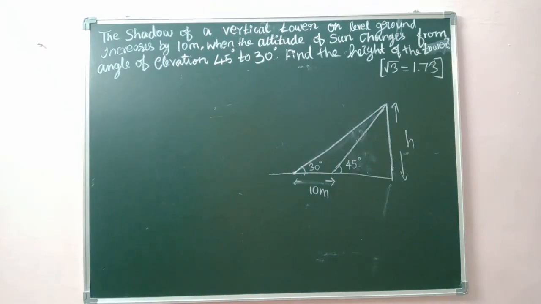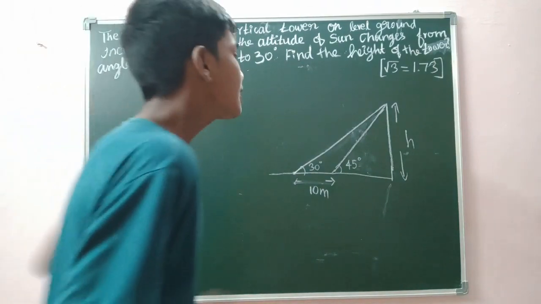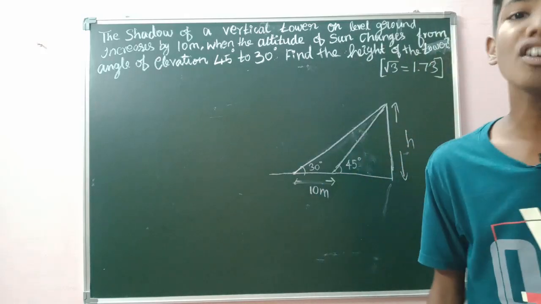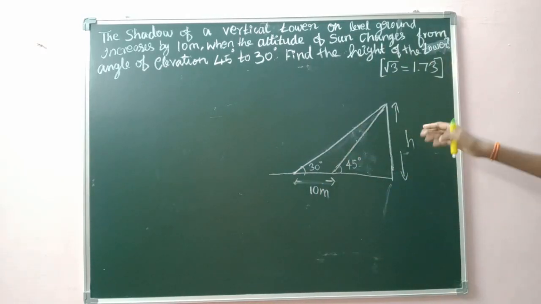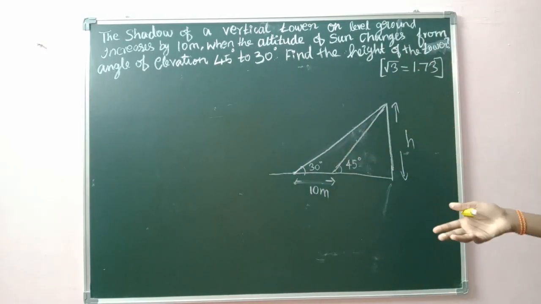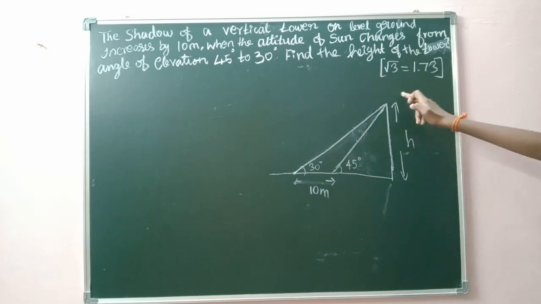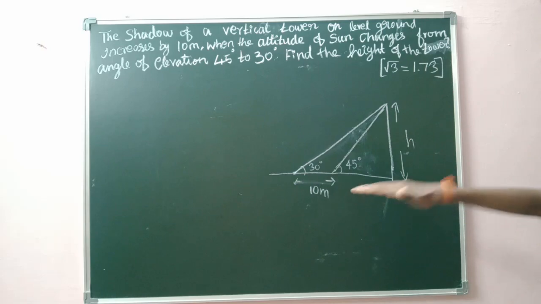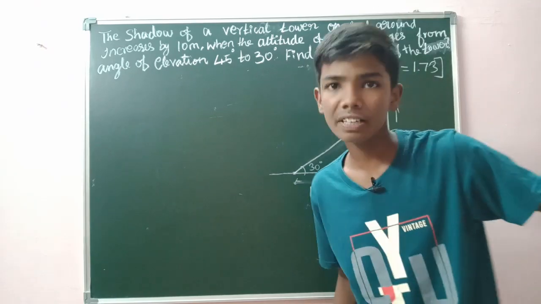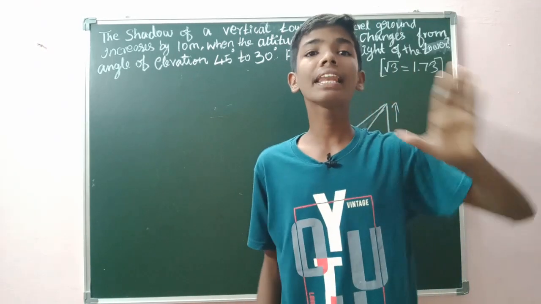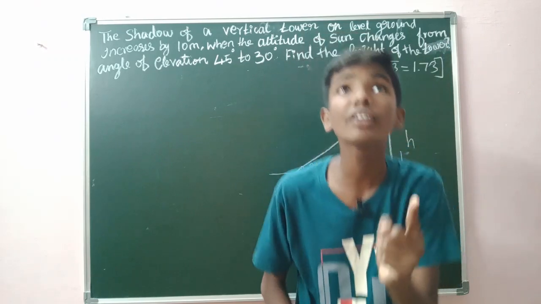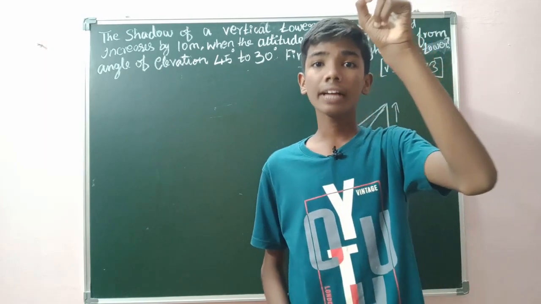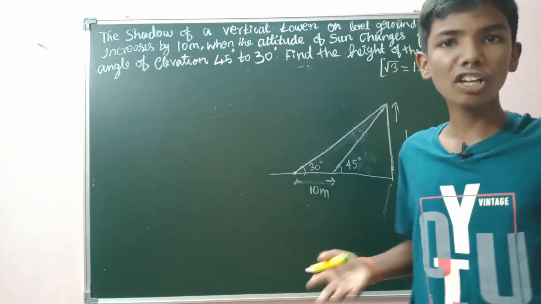What I told is, actually here there is a tower of height h. I am assuming that the height of the tower is h. And now the shadow of this particular tower makes an angle of elevation 45 degree with the horizontal. You know what angle of elevation is? The angle made by the line of sight and the horizontal level when you are moving upward. Correct or not? That is what we mean by angle of elevation.